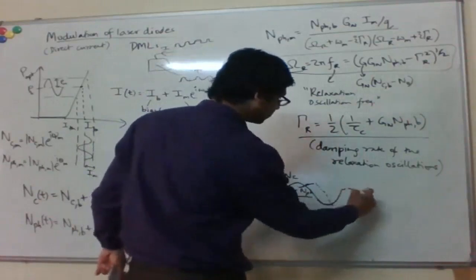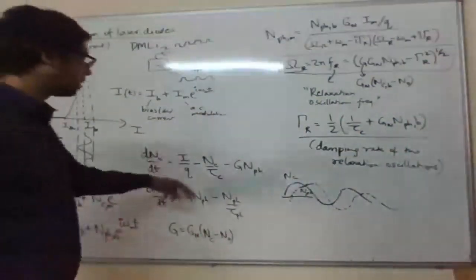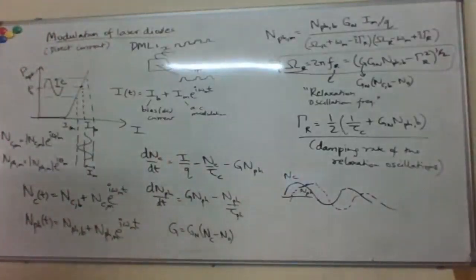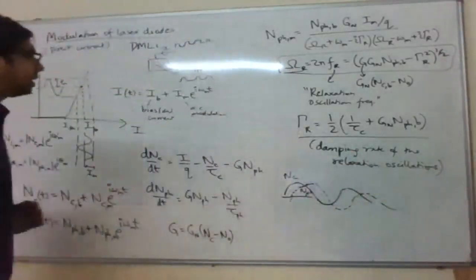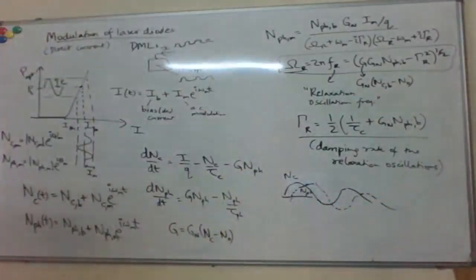So you have these oscillations that can go on because of the coupled dynamics between the carriers and the photons, and the characteristic frequency at which these oscillations happen is given by the relaxation oscillation frequency.